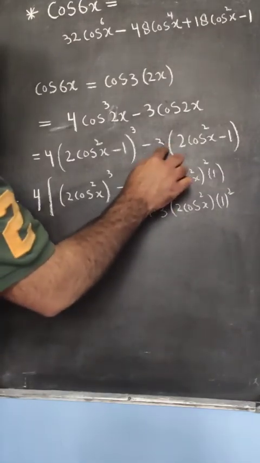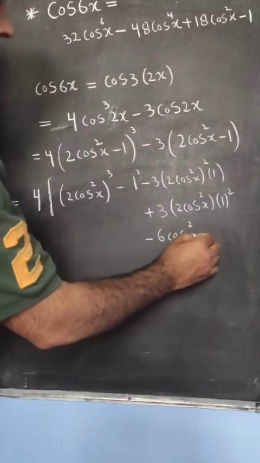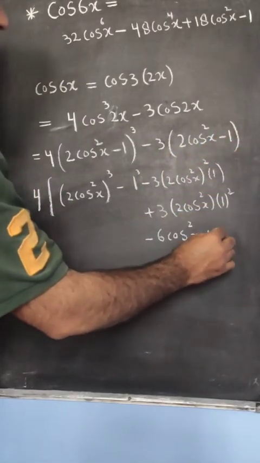Then we have minus 3 into 2 is 6, it is minus 6 cos square x, minus minus is plus, it is plus 3.